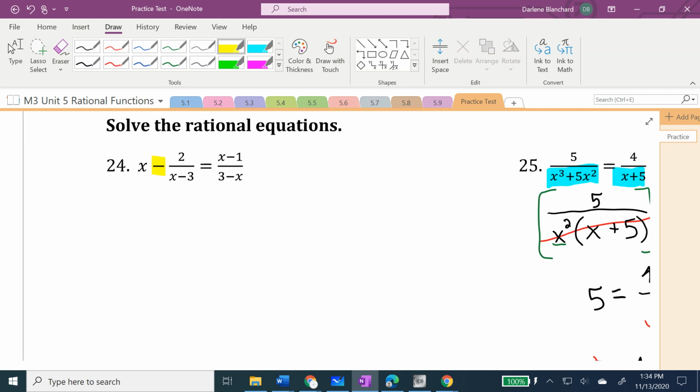Now, do you see that they went tricky on you with that denominator? You have an x minus 3 denominator and a 3 minus x denominator. Do you remember how to deal with that?